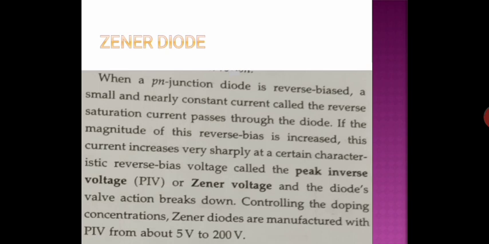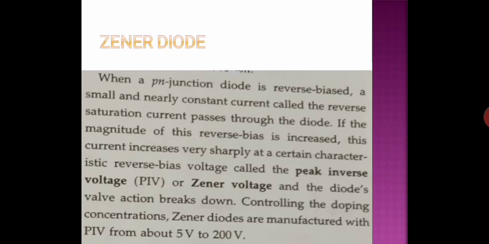When a PN junction diode is in reverse bias, a small and nearly constant current called the reverse saturation current passes through the diode. If the magnitude of this reverse bias is increased, this current increases very sharply at a certain characteristic reverse bias voltage, which is called the PIV, that means peak inverse voltage, or it is sometimes also called the Zener voltage, and the diode's valve action breaks down.